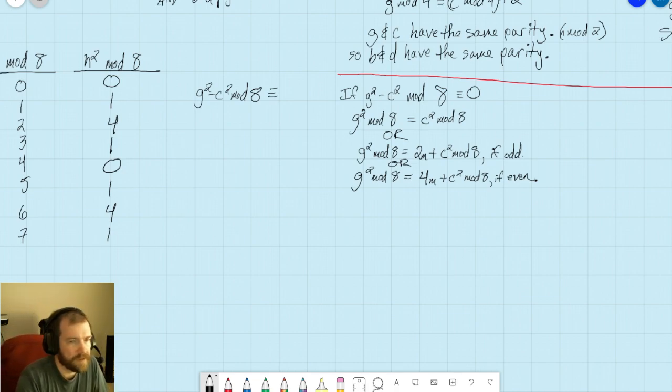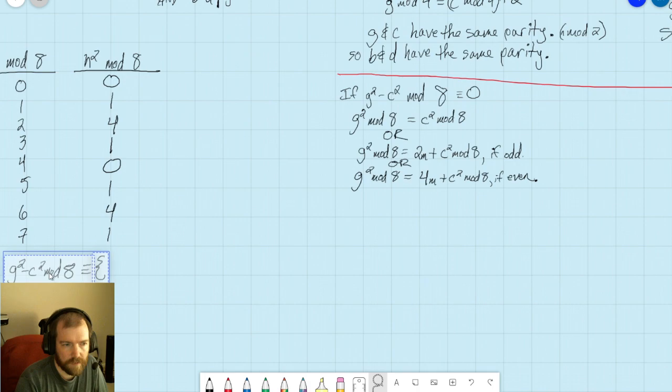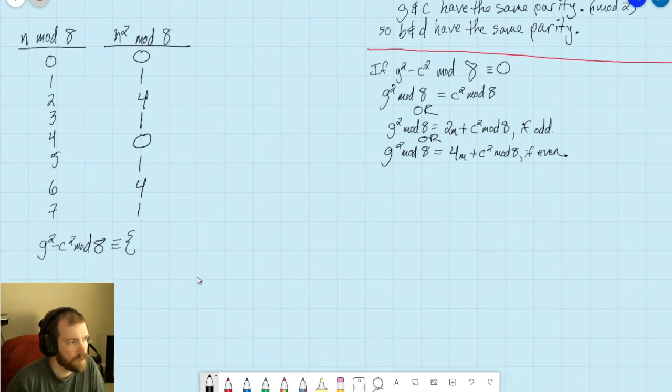So let's see, options. So g squared minus c squared mod 8. You could have 0 for g squared, which would then allow this to be -1 or -4. -4 is going to be equivalent to +4.